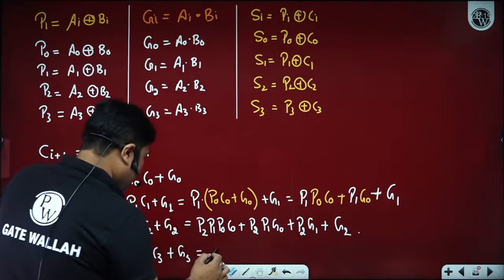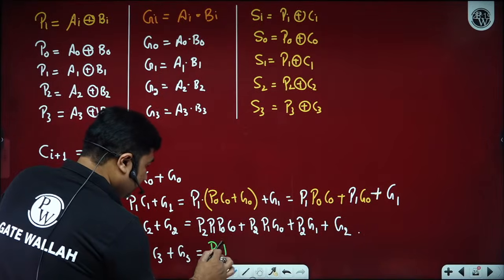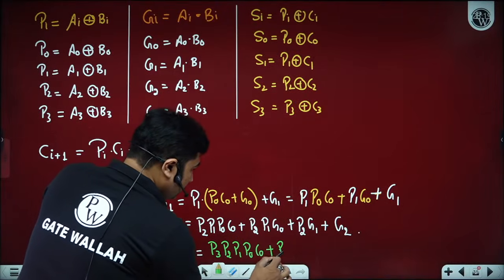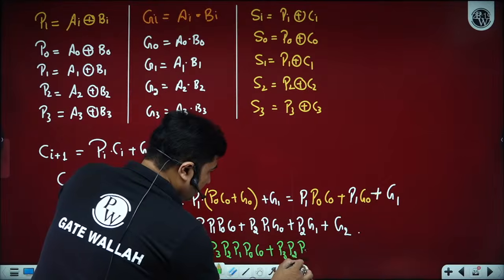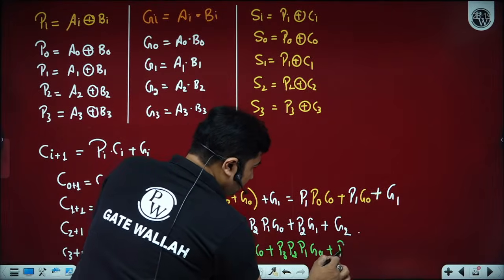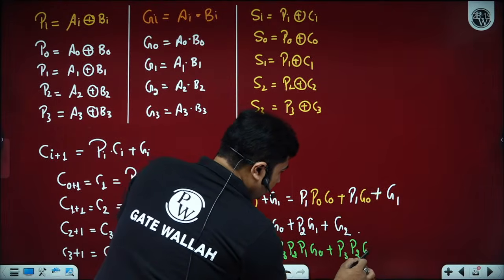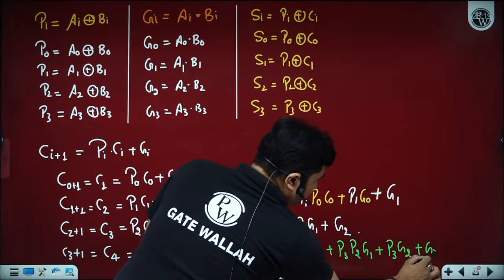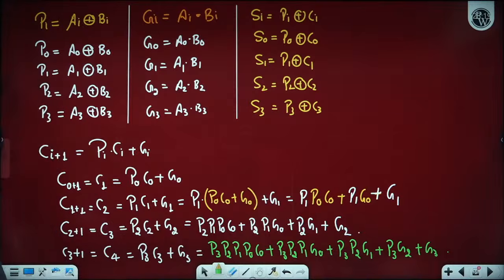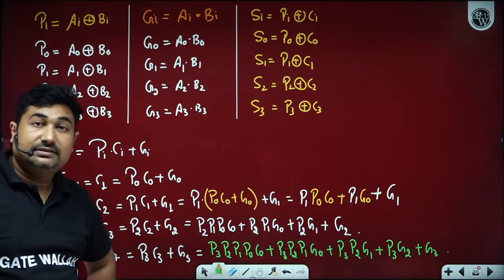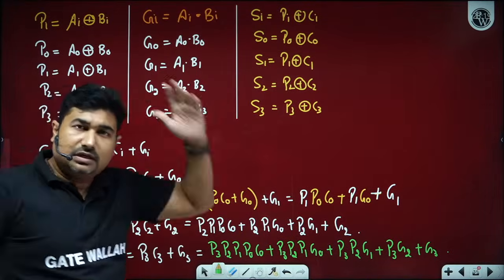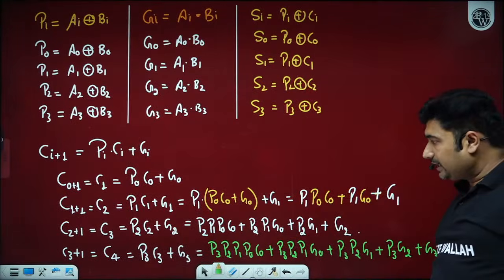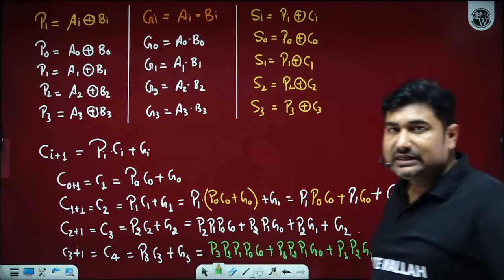So when you write it, it will become P3 P2 P1 P0 C0 plus P3 P2 P1 G0 plus P3 P2 G1 plus P3 G2 plus G3. Is it okay? It goes on, and you can generate the carry just by the information of propagating term, generating term and the initial carry.